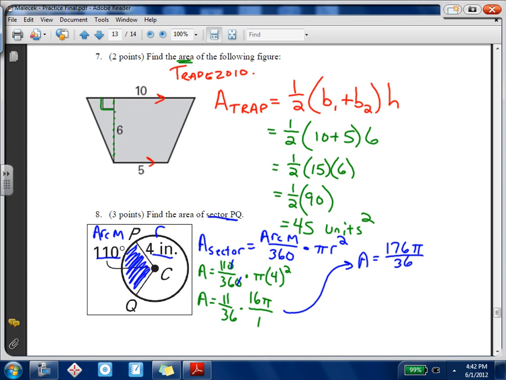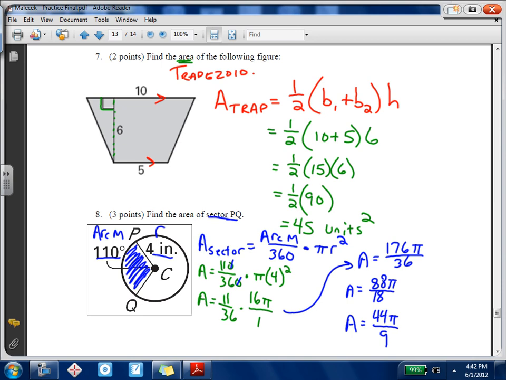At this point, we can reduce a little bit. Both of those are divisible by 2. So if we divide 176 by 2, we get 88. Don't forget the pi. Over 36 divided by 2 is 18. Once again, those are both divisible by 2 again. So I can get 44 pi over 9. 3 doesn't go into 44, so at this point we're stuck.